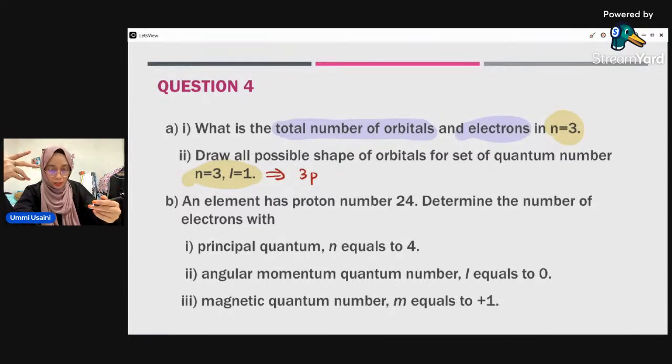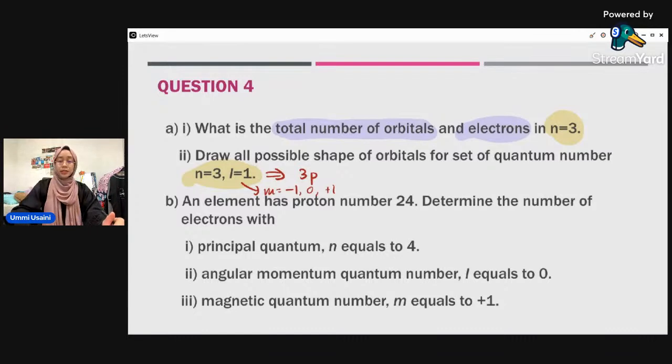Okay, so dia minta draw all possible shape pula. So kalau 3p, as you know, okay, kalau L equals to 1, bermaksud M dia adalah -1, 0, +1. So ada 3 orientation. So 3 orientation tu tadi adalah sama ada px, py, pz. Okay, so draw all the shapes. Okay, bermaksud you have to draw all the shapes. But then, okay, Miss ada sebab Miss malas nak lukis balik.